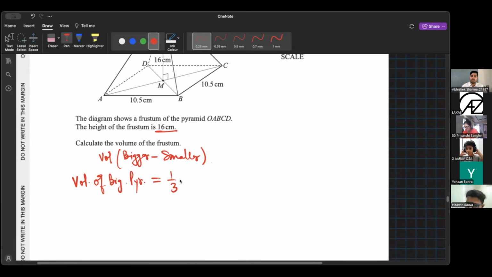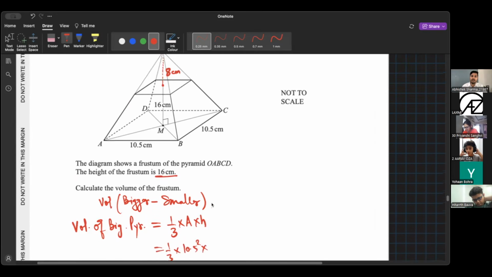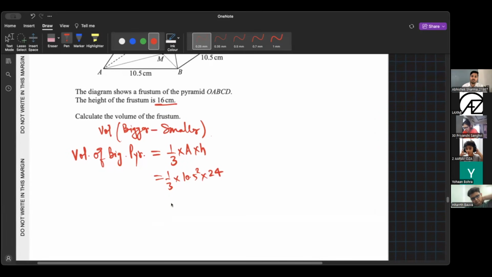The formula is 1 upon 3 into the base area into height. So 1 upon 3, base area 10.5 square, multiplied by height 24. That is 882. So the volume of the bigger pyramid is 882 centimeter cube.